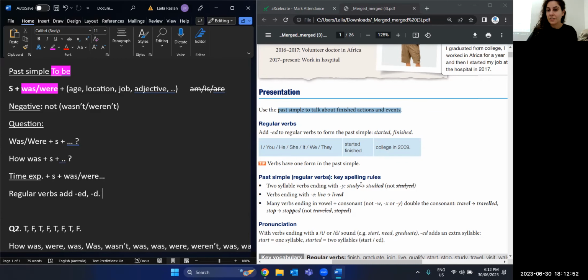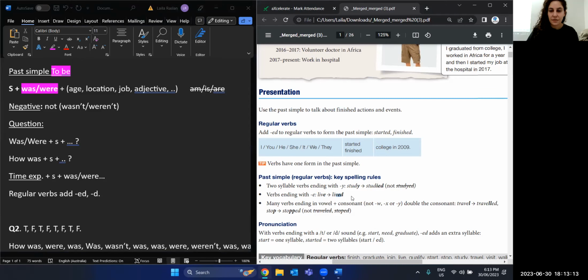So we said if it's a Y, you have to add IED. If the verb ends in an E, you add just the D, but it still stays as one sound. It's live, lived, because the E becomes silent. Lived.